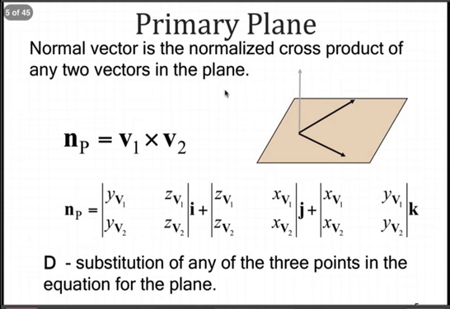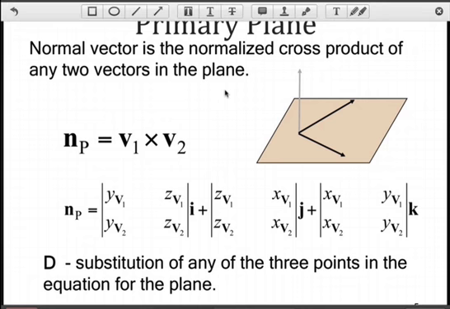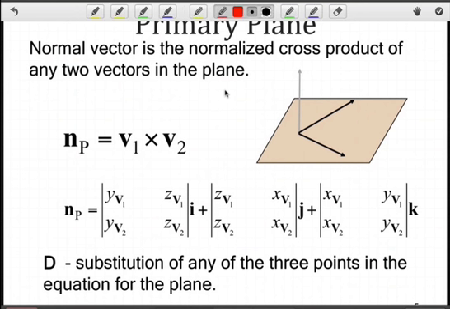Well, getting back to our primary datum, if we consider a primary datum plane in this case, we can determine this normal vector to that plane by taking the cross product. As you know, if I have two vectors here representing 3 points, if I cross these two vectors, I'll end up with a vector perpendicular to those.